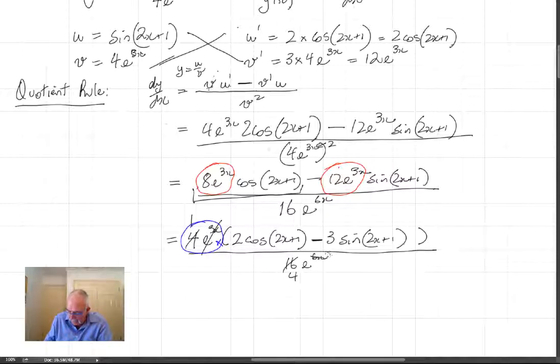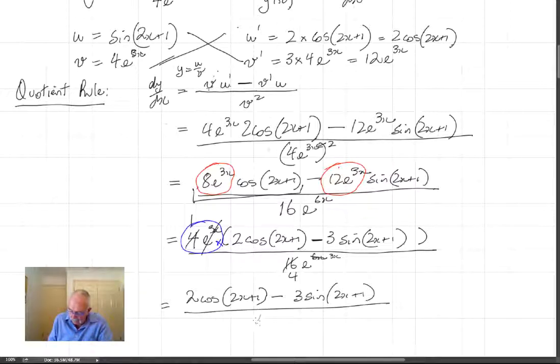You subtract when you're dividing, so that'll be e to the 3x. So we get, what are we left with up the top? Nothing other than this term here. So we get 2 cos of 2x plus 1, minus 3 sine 2x plus 1, all over 4e to the 3x.